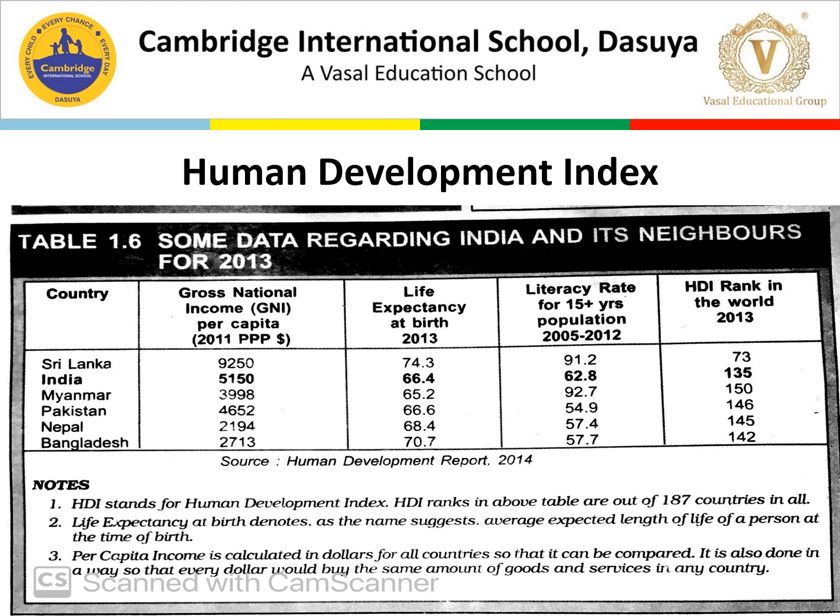Now, for Sri Lanka, they have mentioned national income is 9250 US dollars. So per capita, that means in 1 year they are going to earn this much. And India, as compared to this, has 5150 US dollars. So this is India's per capita income, gross national income.